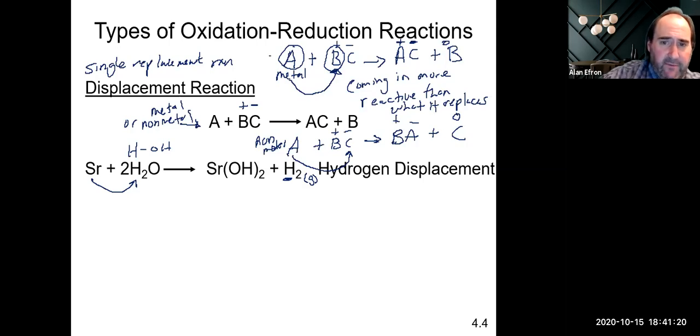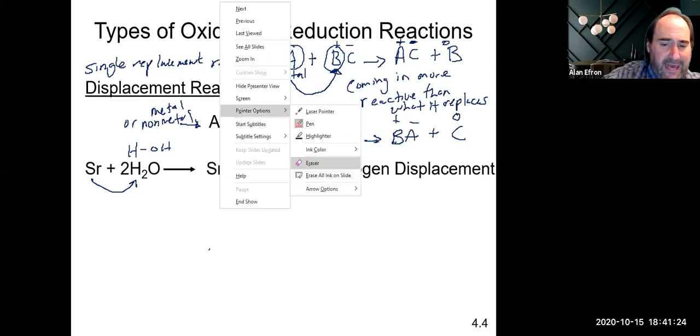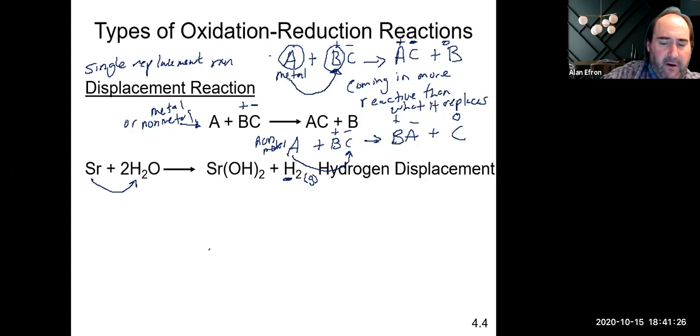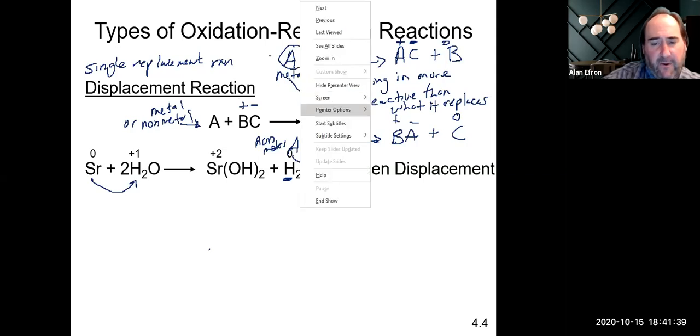And of course, as we've been talking about here, this is also a redox reaction that's happening. If we look at some of our oxidation numbers here, strontium is 0 in this case. The hydrogen is +1. On the other side, strontium is +2, and the hydrogen, the H2 at the end, is 0.